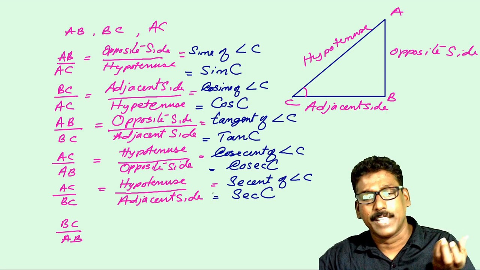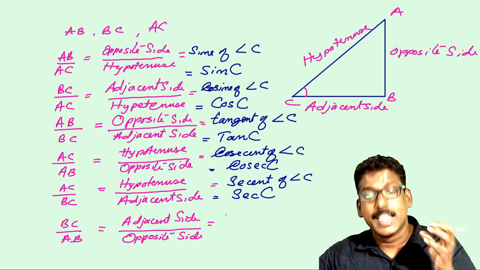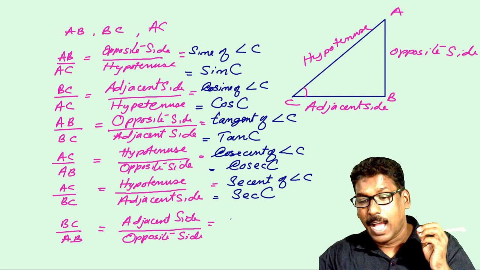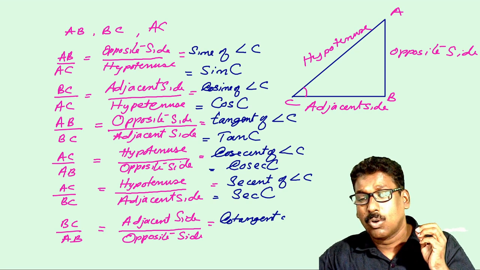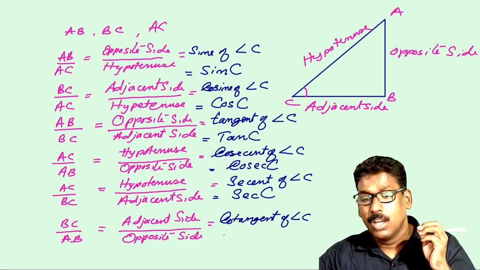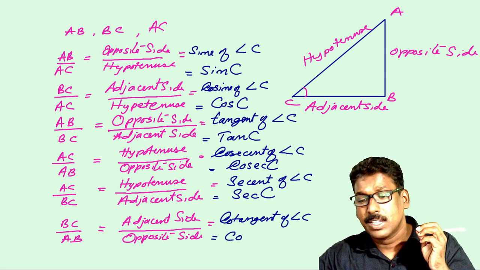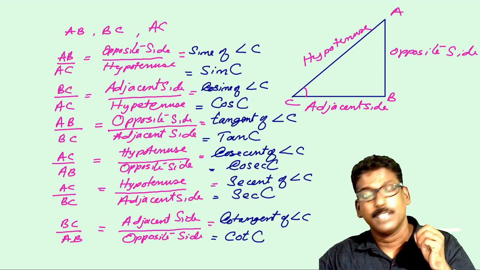So that we can write it as adjacent side by opposite side, and this ratio we can call it as cotangent of angle C, or in short we can write it as cot C.